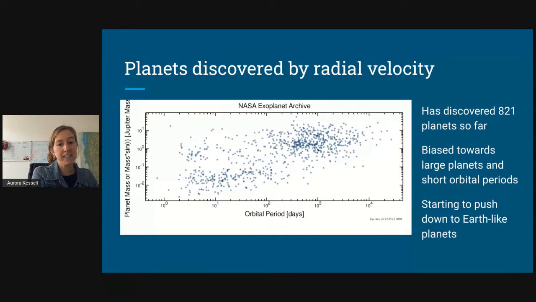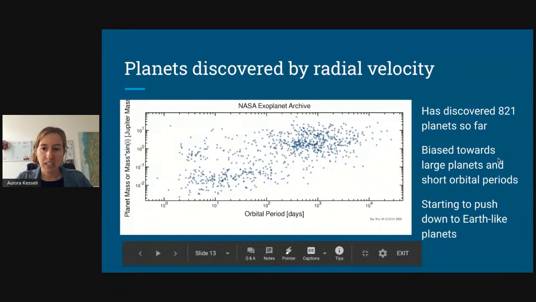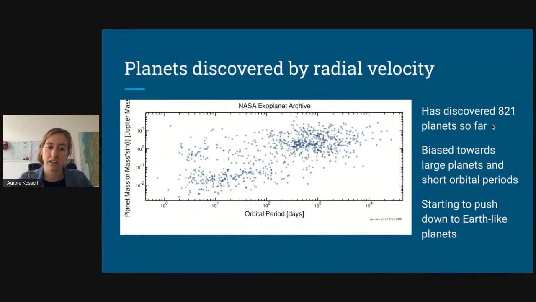So it's not surprising that we have a bias in our radial velocity detections so far. I pulled this from the NASA Exoplanet Archive a few days ago, on November 10th. As of November 10th, 821 planets had been discovered by the radial velocity technique. On the x-axis, I'm showing the orbital period of the planet in days.